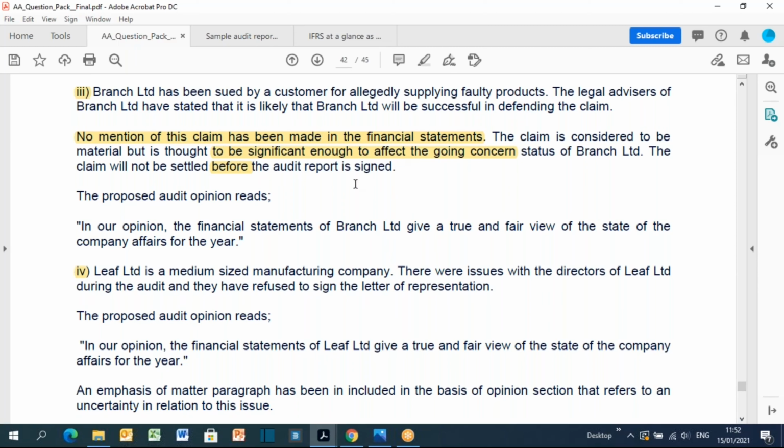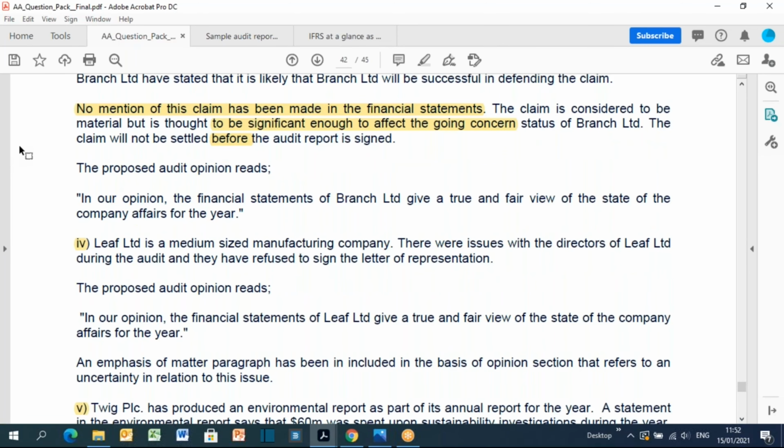But because they have not included this note, the opinion should be qualified "except for" due to the omission of the disclosure, and put the explanation in the basis of opinion. And when doing these examples, please take your time and do them slowly so you can understand them. Have a layout in front of you so you'll know where to go, and then you'll get this straight in your head.